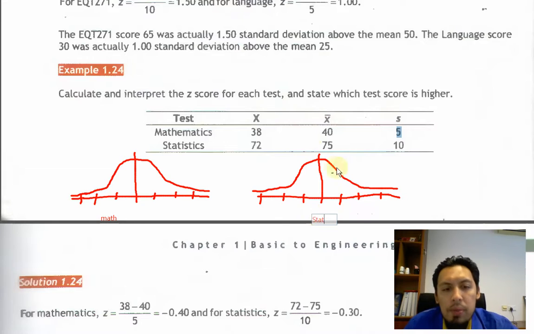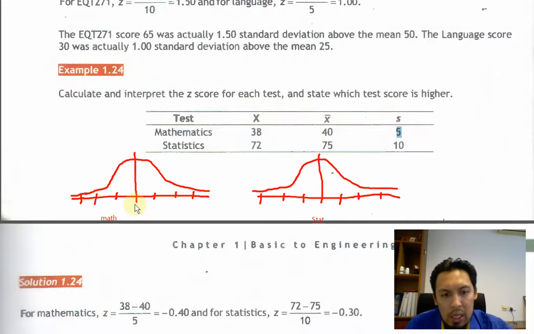Okay, so let's try to fill in the information that we have. Now, the mean for mathematics score is 40, and the distribution is normal. So normal distribution is like this kind of shape, so the mean should be in the middle here.